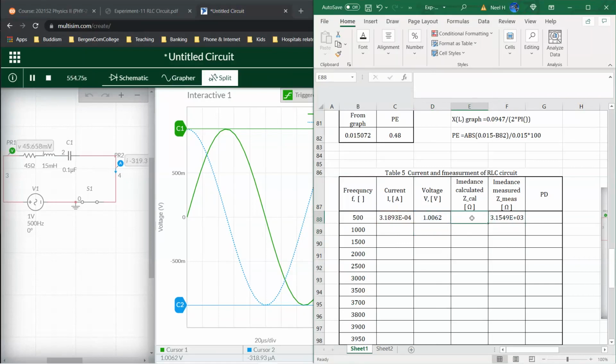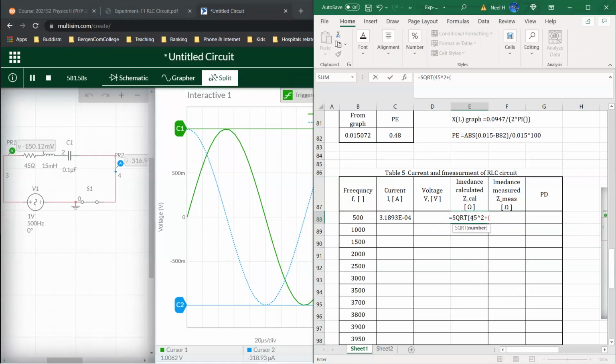And then let's do the calculation by using the equation. Equal sign, SQRT, that is the square root, open brackets, resistor to the power 2. Resistor in this case, we are using 45 to the power 2.